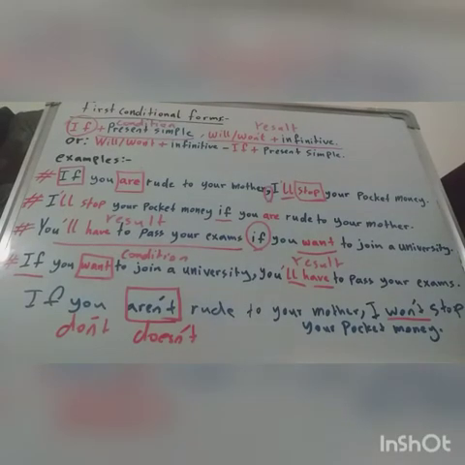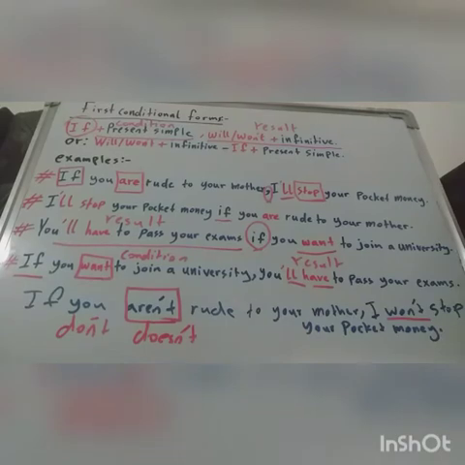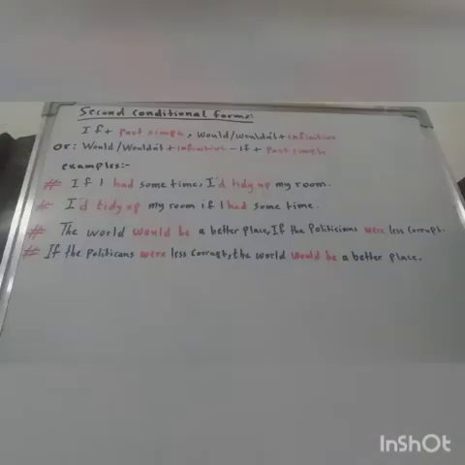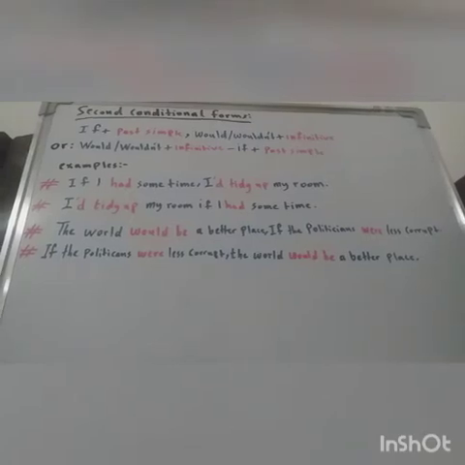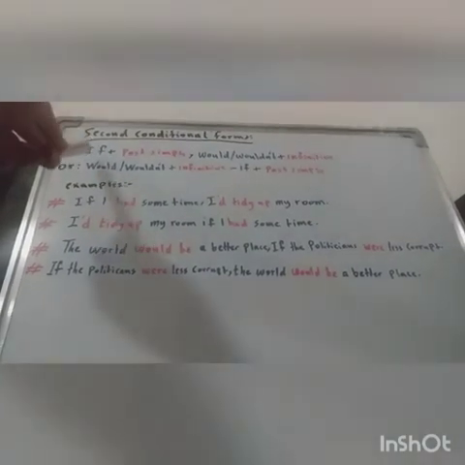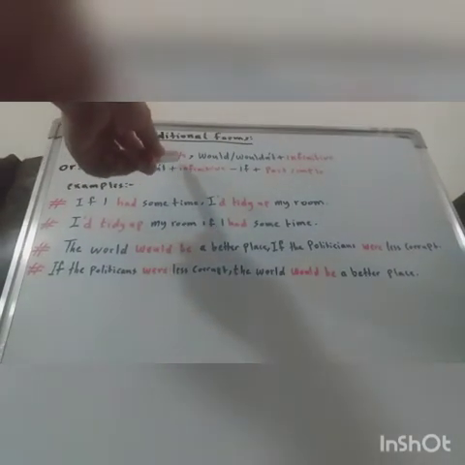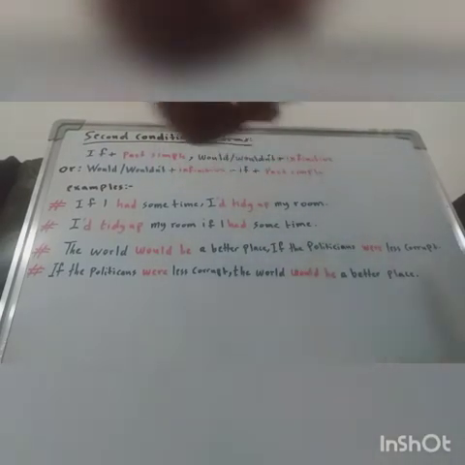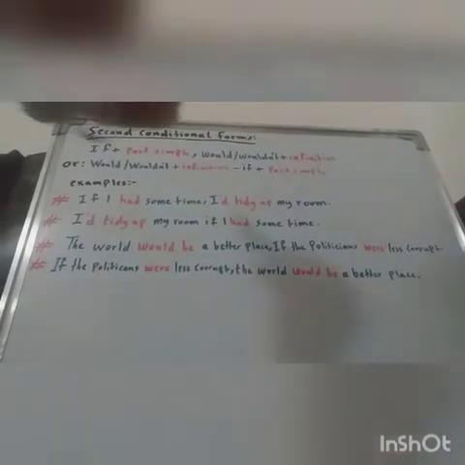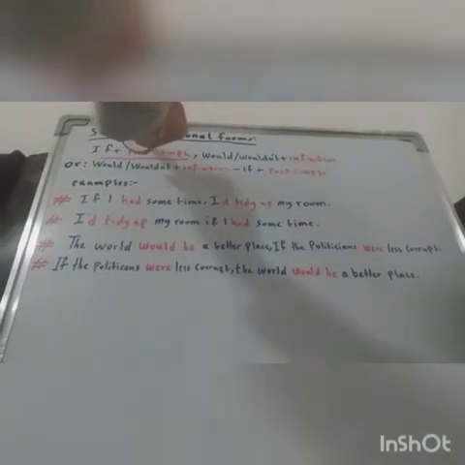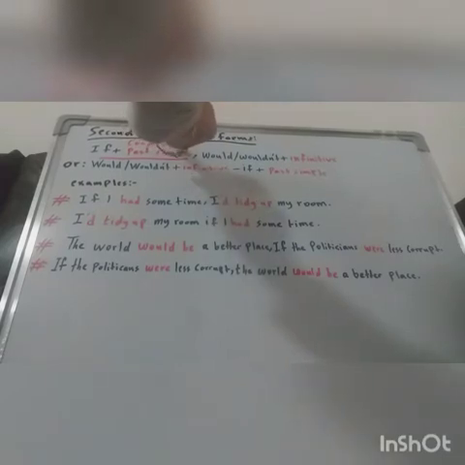And now let's take a look at the second conditional forms. The first order: if plus past simple, would or wouldn't plus infinitive. So this is the condition clause, and it's in the past simple.